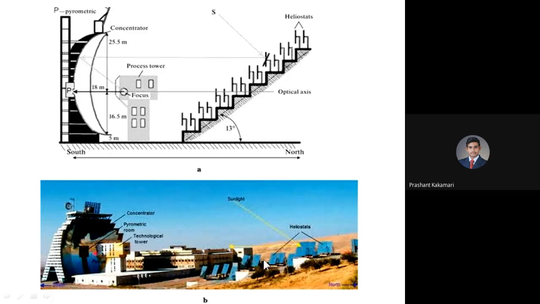See these heliostats which are placed on the ground. All these heliostats or mirrors will focus the solar radiations towards one spherical or parabolic concentrator. On this it will be focused, and this parabolic shape will have one focal point. Exactly at that focal point inside this building, the specimen chamber is prepared, and in that the specimen will be kept.